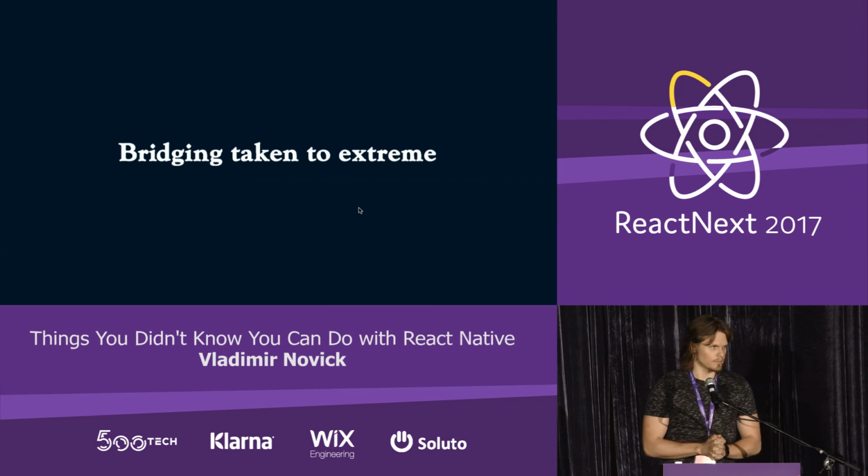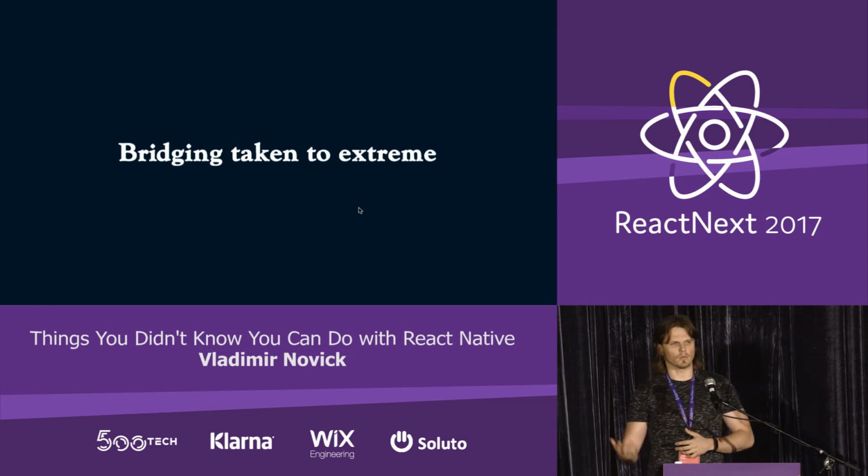So the final thing for today, bridging taken to extreme, right? Up till now we've seen lots of libraries, and all these libraries have one common denominator. All these libraries have native code behind them, right? In React Native, the API of bridging between native code and JavaScript code is really straightforward.